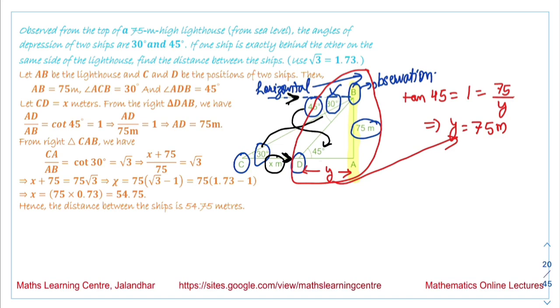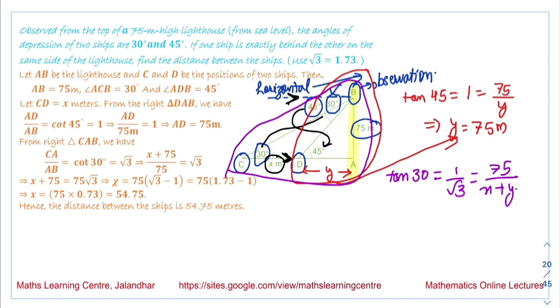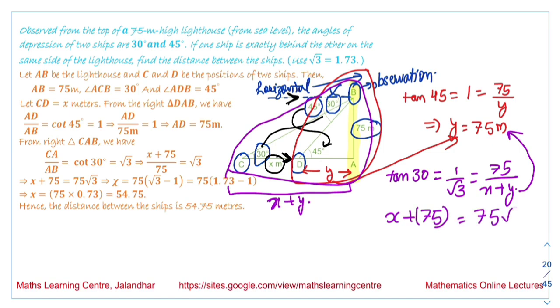Next, if we consider this whole triangle ABC, we have tan 30 that is equal to 1 by root 3, that is equal to 75 over x plus y. This whole distance is x plus y. The value of y we have is 75. So we get x plus 75 is equal to 75 root 3.